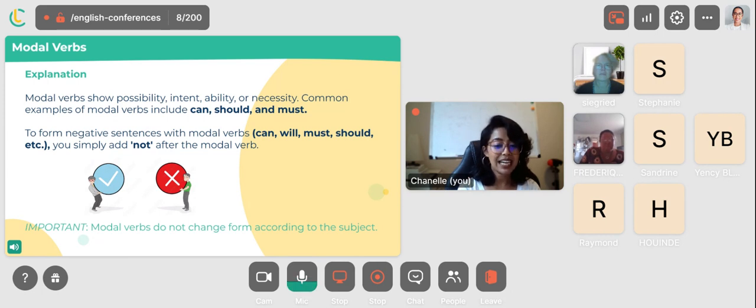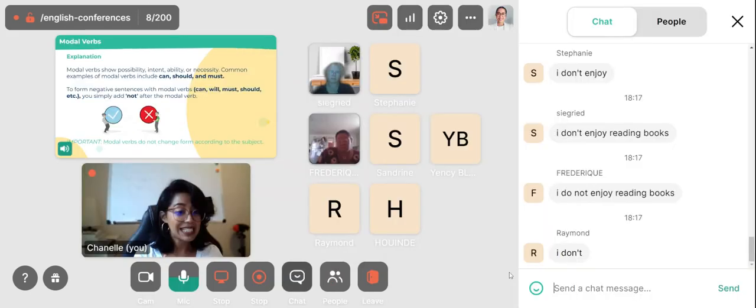To form negative sentences with modal verbs, for example, can, will, must, and should, you should simply add not after the modal verb. So like we did with être, we just add not. It's important to know that modal verbs do not change form according to the subject. So what does that mean?